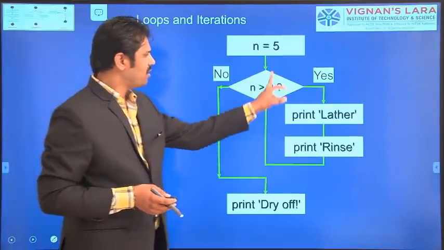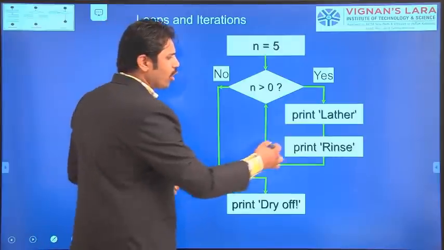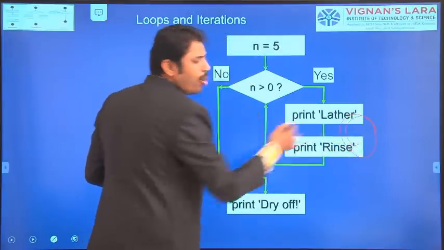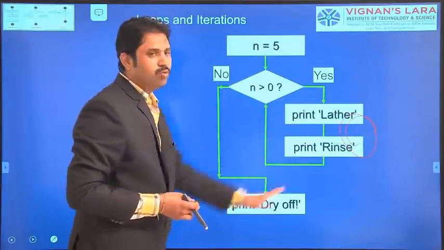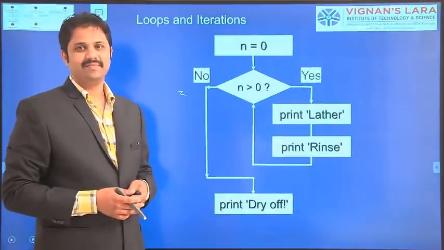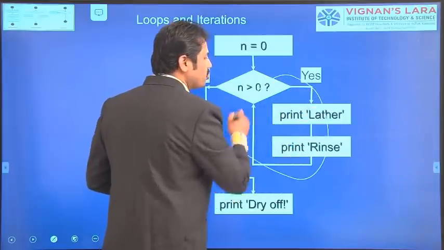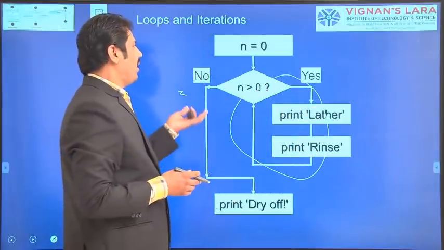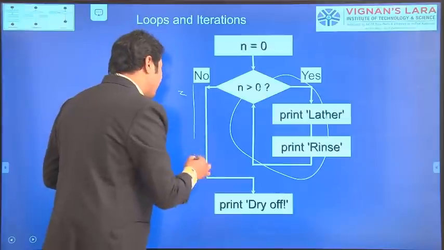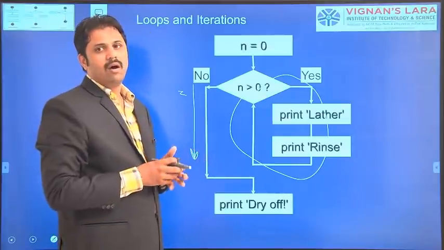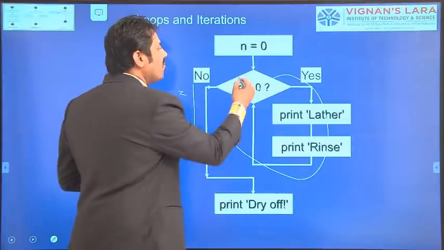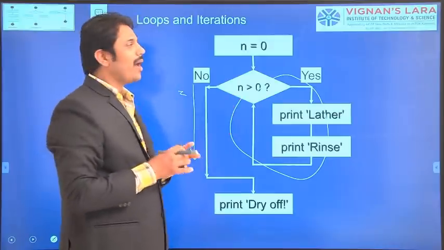Here you have to check: you are not using any decrement operator for n, so this loop is continuously repeated. It doesn't come out, because the condition is always true.